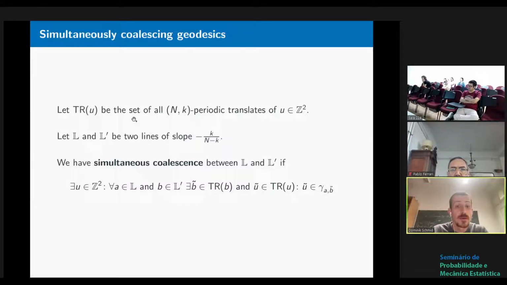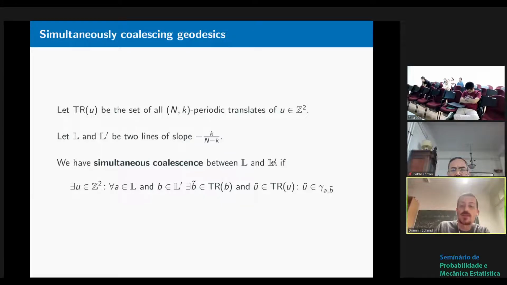And in the following, let's consider two lines L and L prime, which have a slope of minus k divided by n minus k, or in other words, they are parallel to the initial growth interface. And we're interested in a property, what I like to call the simultaneous coalescence of geodesics between the line L and the line L prime.